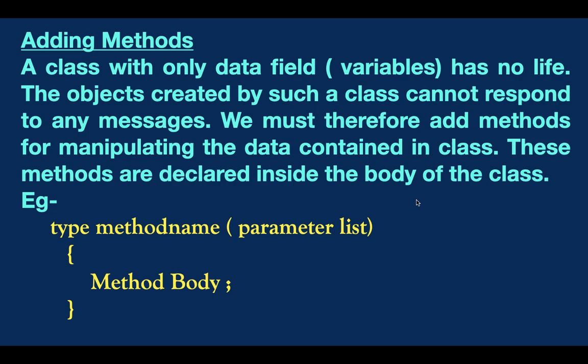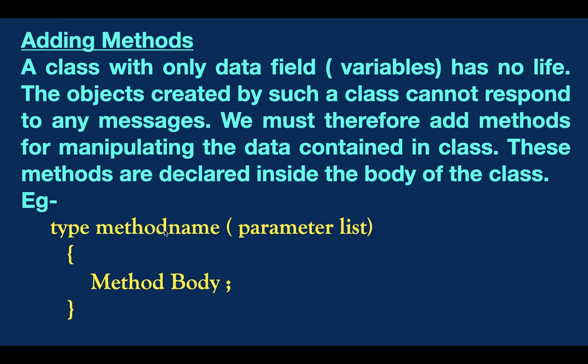So, to manipulate these variables, we need to have methods. Variables simply hold the values, whereas methods act upon those values and then give us the result. This is the syntax of a method, where we specify the type, that is, what type of value it is going to return, and then the method name.